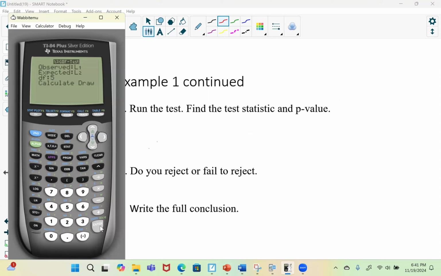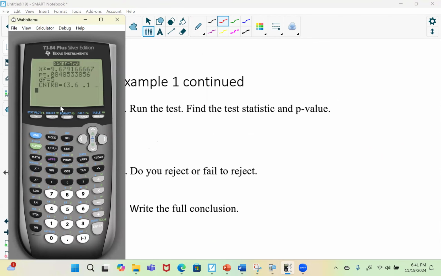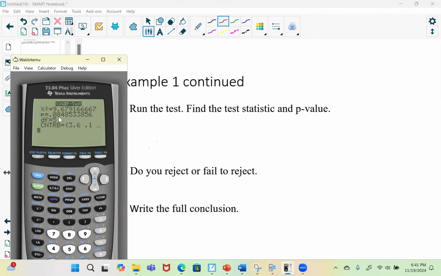You're going to get the chi-squared, which is the test statistic, and then the p-value, which again is the probability of getting the results of this sample, given that the null is true. You have to give both the chi-squared and the p-value.